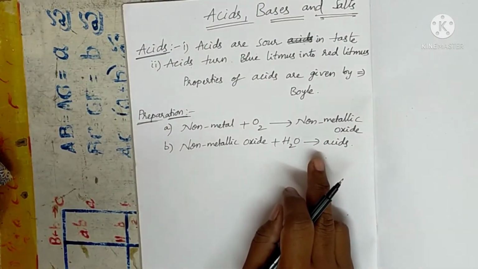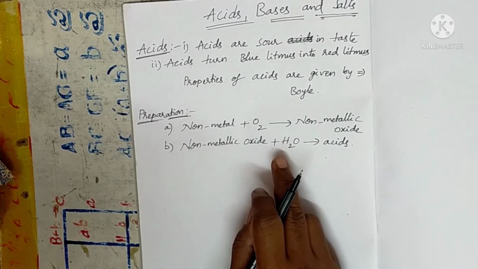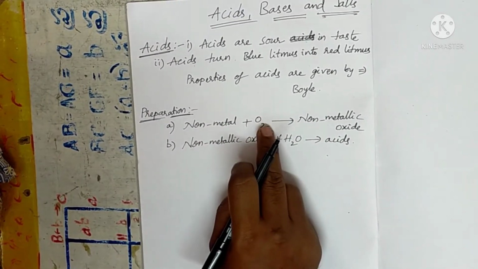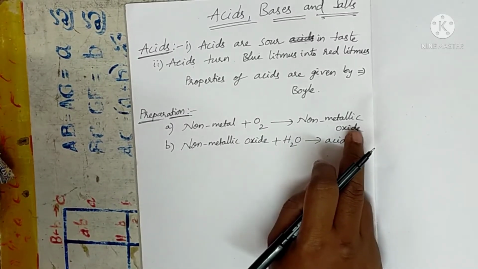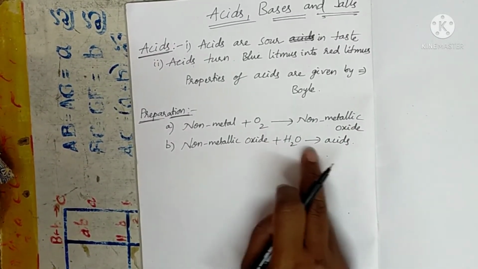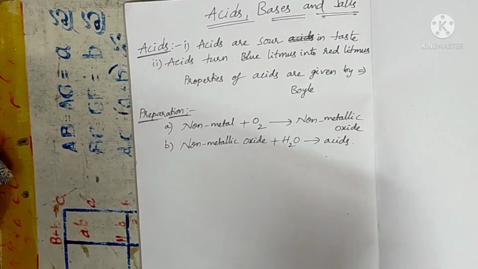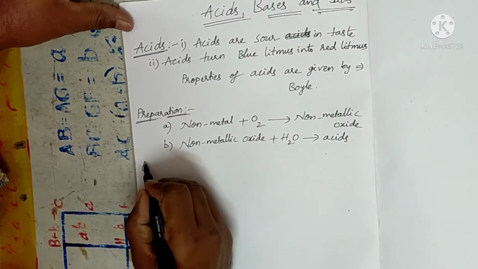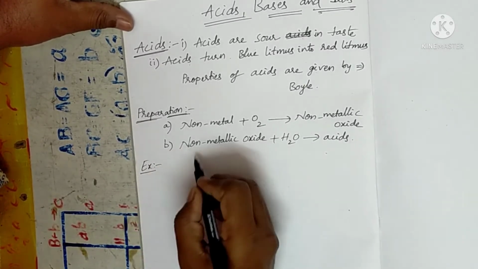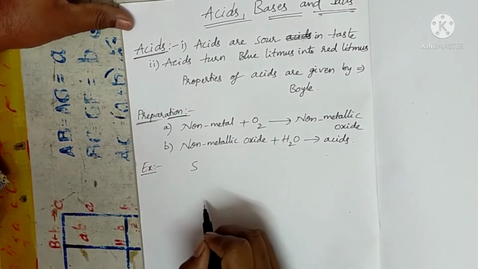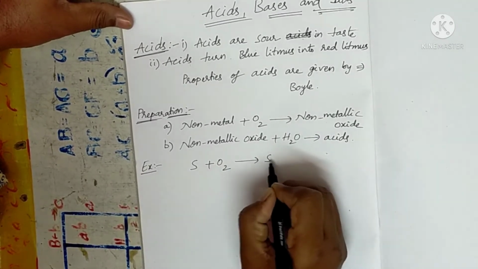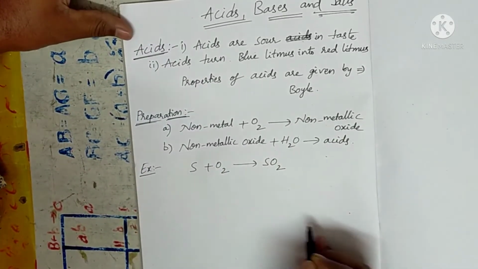So this takes place in two steps. A non-metal reacts with oxygen and forms a non-metallic oxide. This non-metallic oxide dissolves in water, then only are acids formed. I will show with examples. Suppose sulfur is a non-metal. It reacts with oxygen and forms sulfur dioxide.